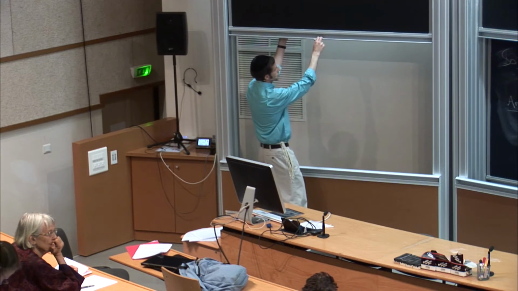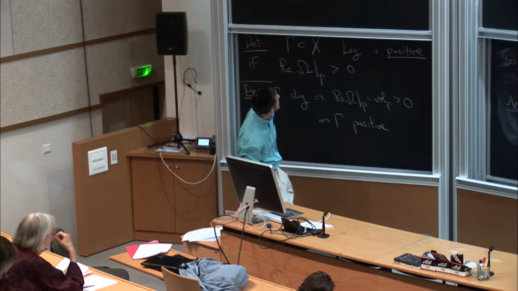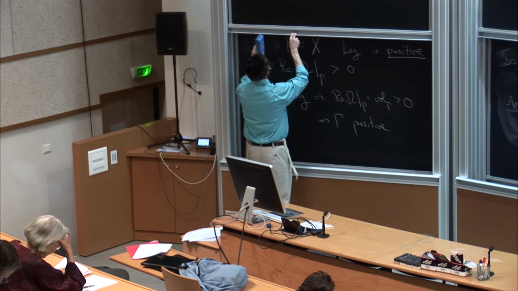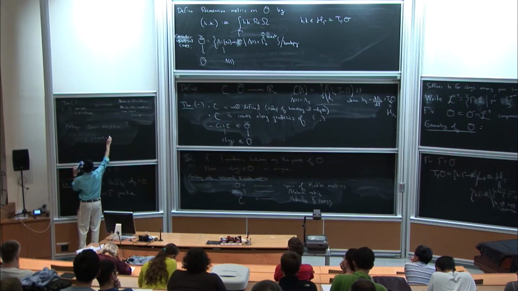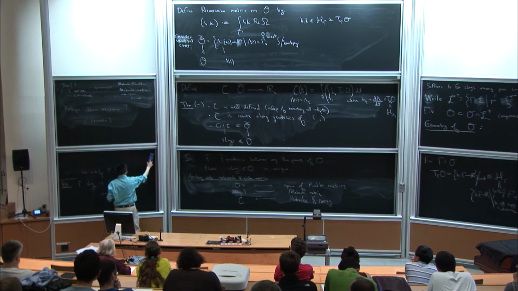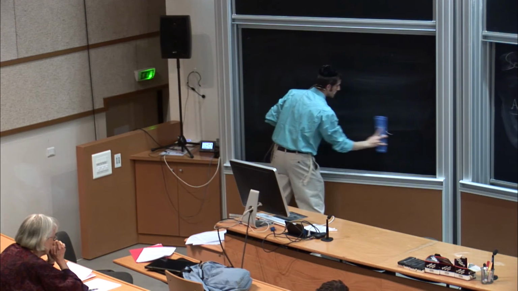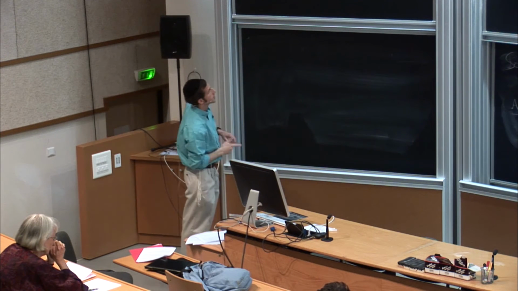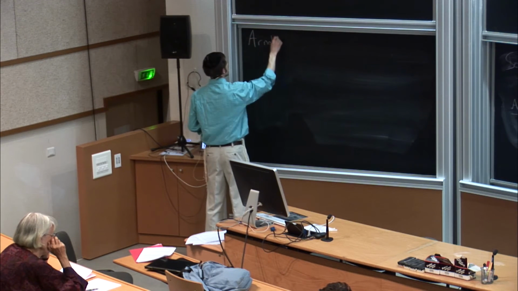Once you know enough about, so there's some work of Streets, I should mention. That's one piece of motivation. So the other piece of motivation is the Arnold conjecture.